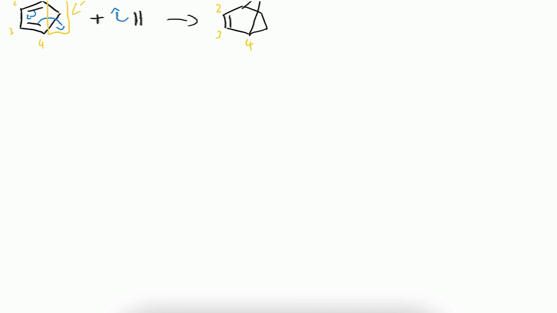Let's do one more. This one is probably my favourite example. It's a really big molecule. Again, it does look confusing because there's 2 double bonds in this molecule. You could call that a diene, and it is a diene. So what's going to happen? Well, the same's going to happen.